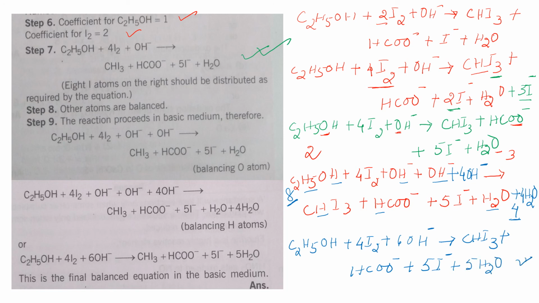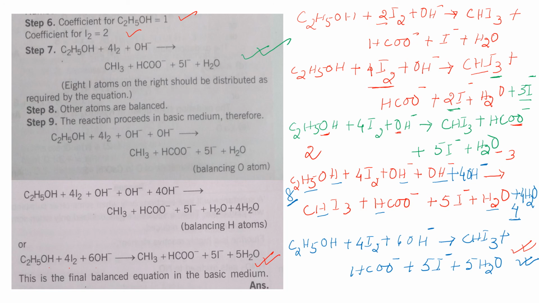This is my final equation. Now you check, you will find everything is balanced here. What is my final equation? C2H5OH plus 4I2 plus 6OH minus is giving you CHI3 plus HCOO minus plus 5I minus plus 5H2O. Just see here and see here, both are the same. So this is my final equation balanced in basic medium.